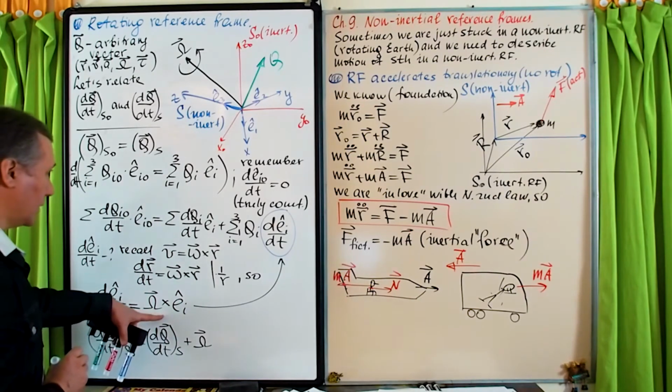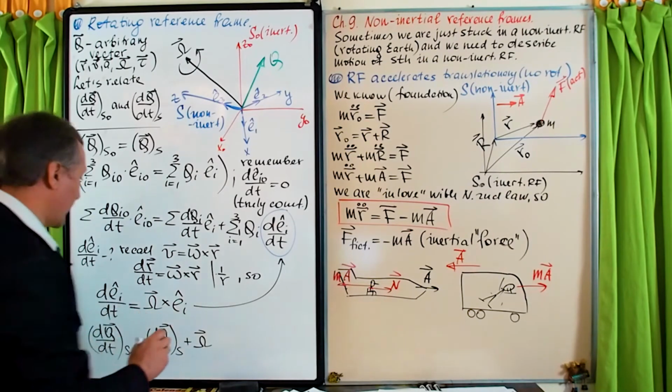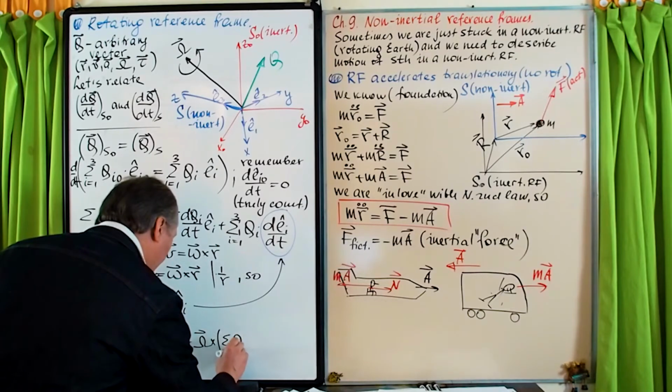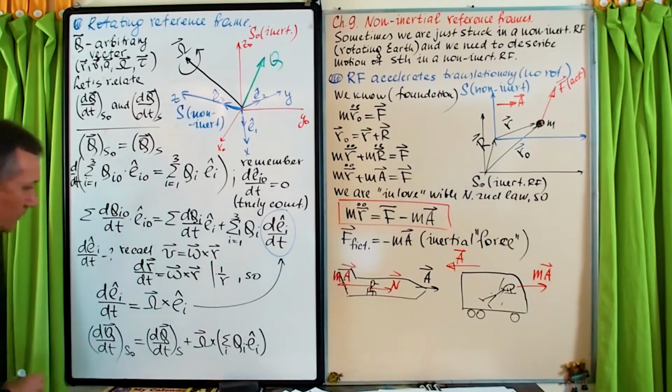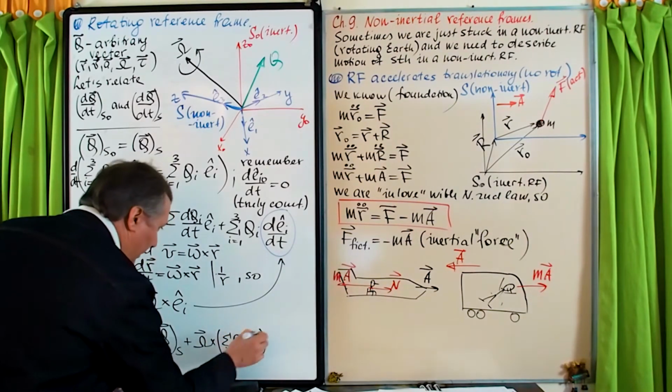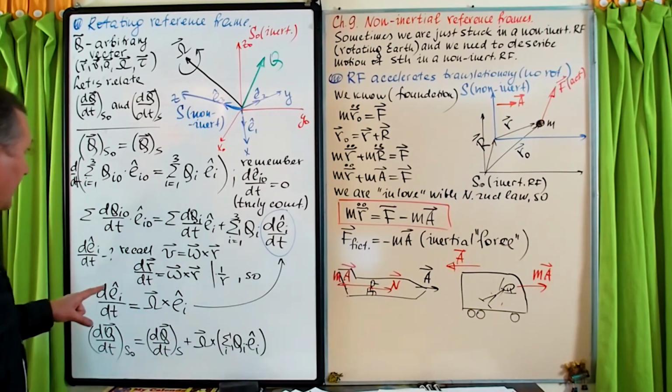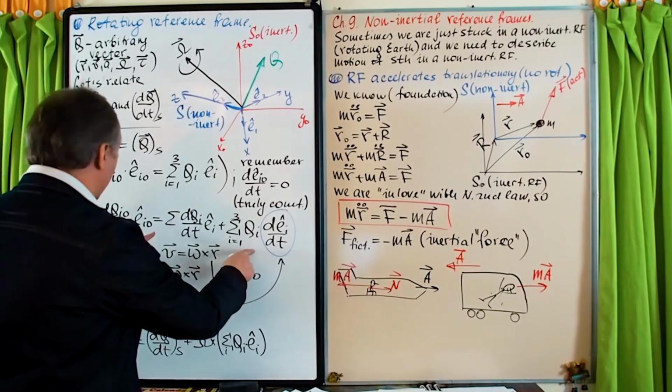crossed. And here summation over i q_i e_i hat, right? So basically what we have in the bracket, yeah, and also this is in S, you remember?